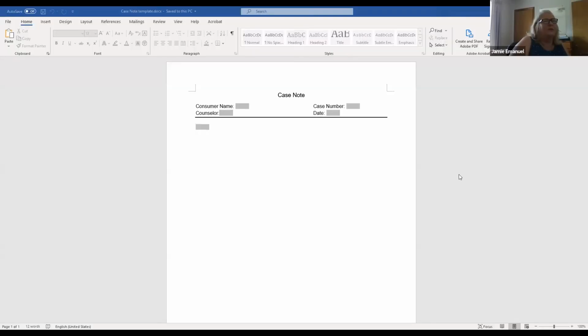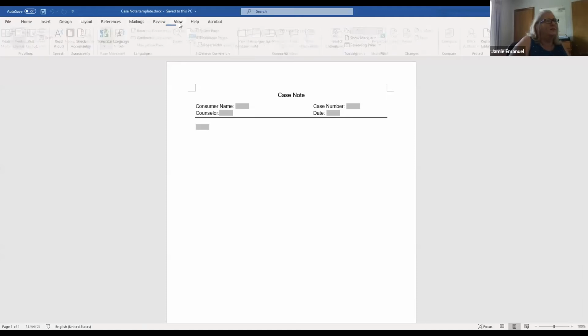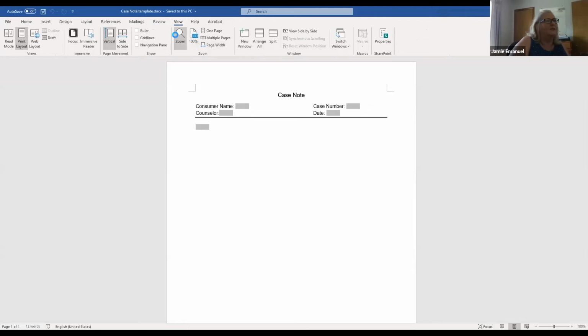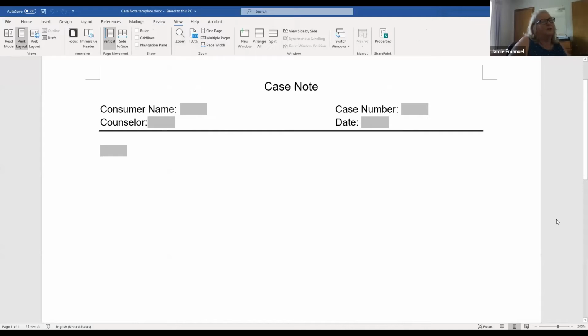So Wayne also created a very nice case note. It's a fillable document. And it's really just a very simple one-page case note form. You can type all your information into these gray boxes.